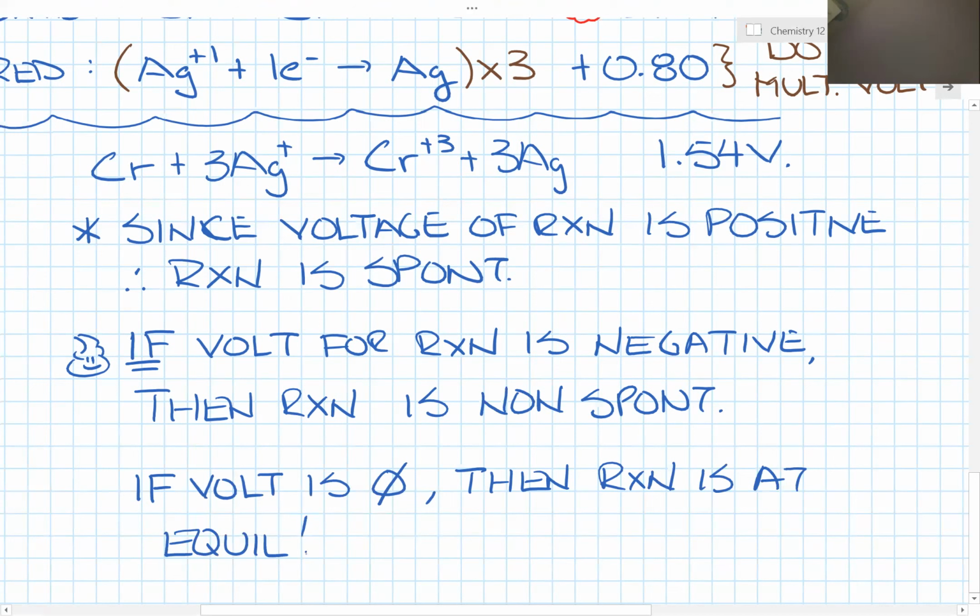Now, some of you might have a little light moment going, oh my gosh, when my phone dies or my battery dies, does that mean the reaction is at equilibrium? That's right.